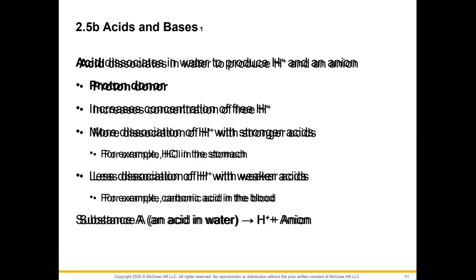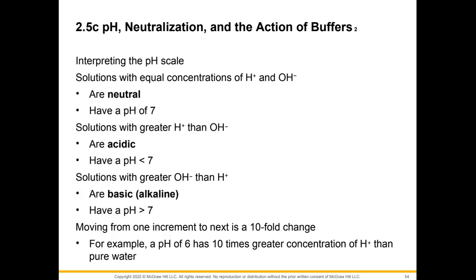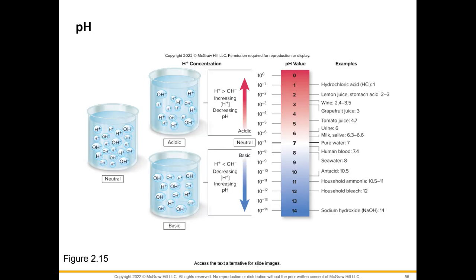So the next thing we're going to talk about is this idea of pH. Think of pH as the measure of acidity, and acidity depends on this. When we write the bracket like this, this is the concentration, so it's the concentration of the hydrogen ion, a proton.